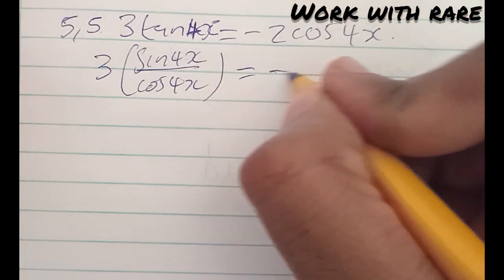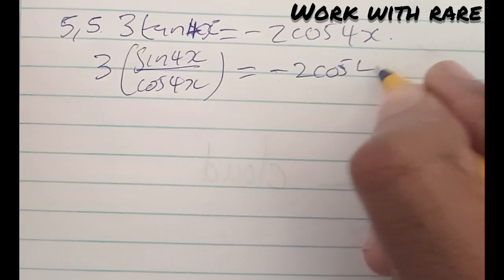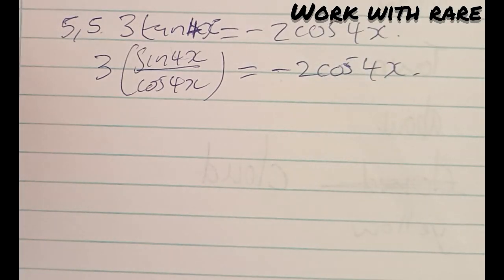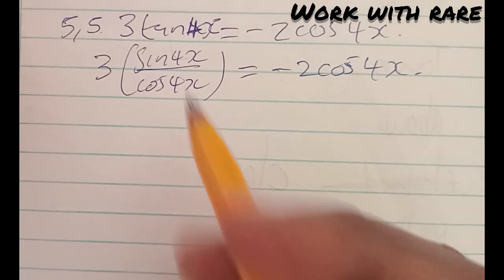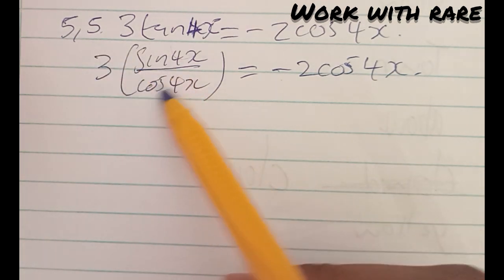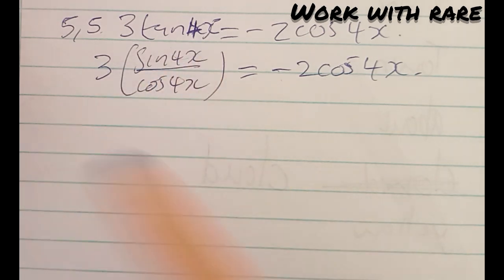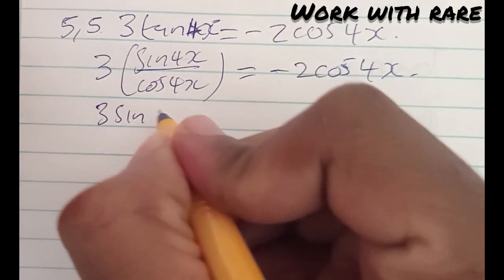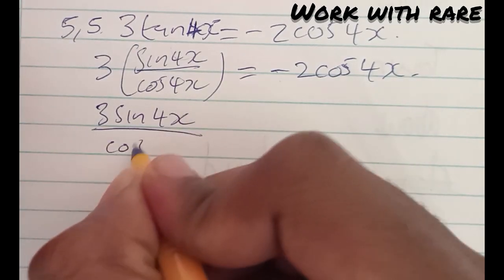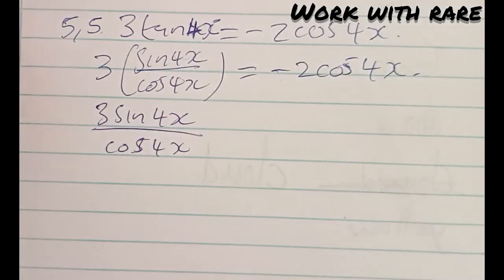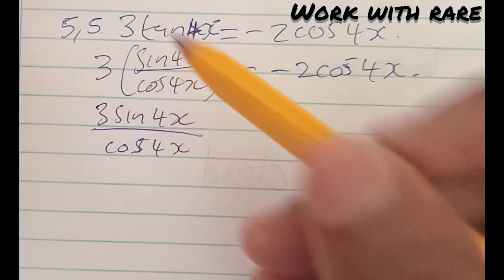now this one we write the way it is. Now I have to break the bracket. I will multiply this 3 with this bracket, so 3 multiplied by this whole thing is 3 sine 4x over cos 4x. This 3 doesn't affect cos, it only affects sine because sine is on the numerator.